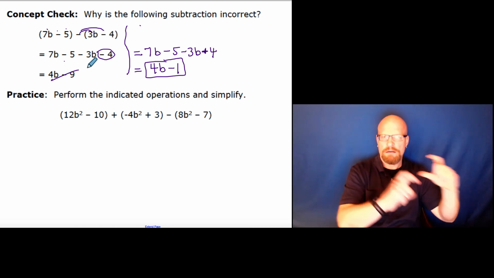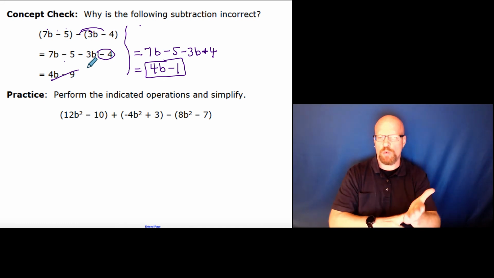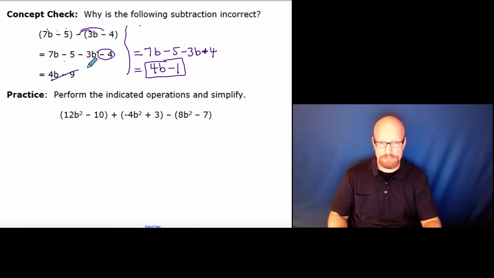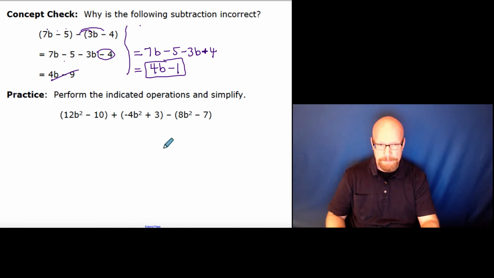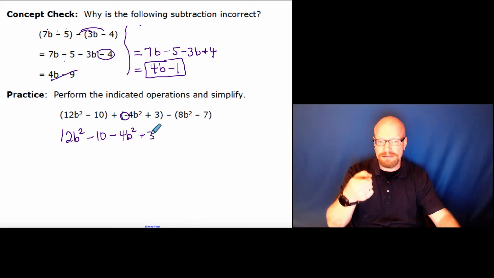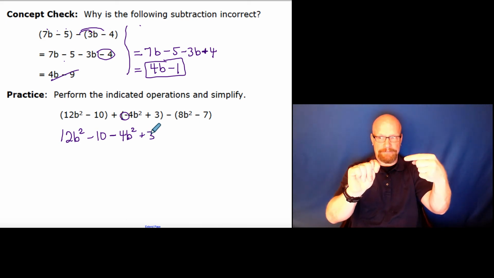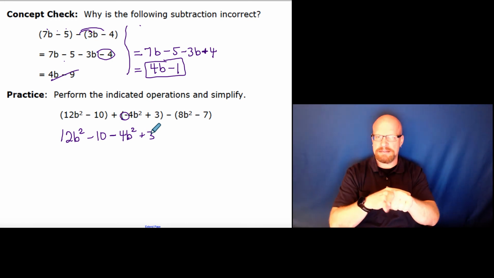Now we have one with 3 polynomials. It's the same as before, and we can work on it together. There's no effect of the addition sign on a second polynomial. But now, notice this. Plus a negative really becomes subtracting that term.